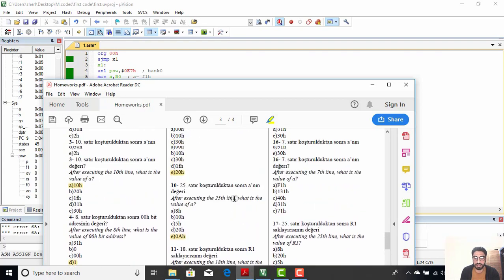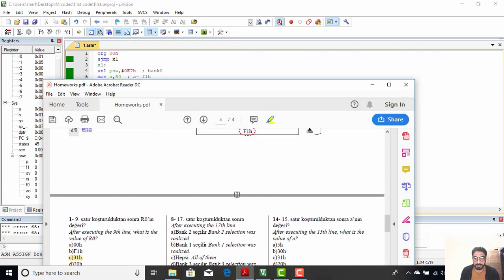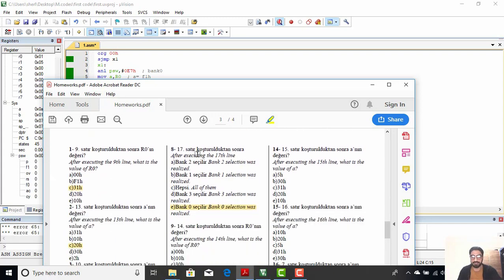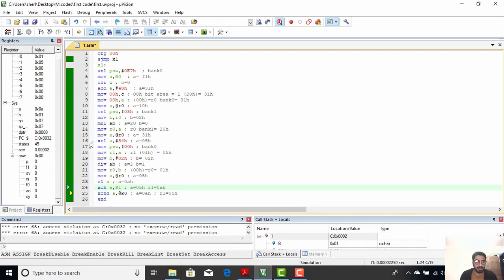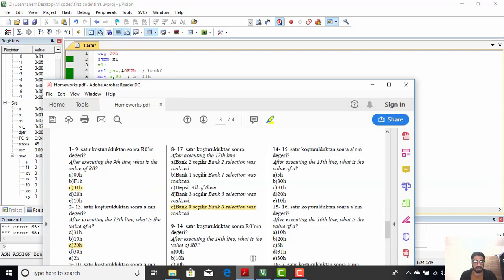Let's see the next question. Now after executing the 15th line, what is the value of A? At this line, the value of A is 31. Okay, 31.